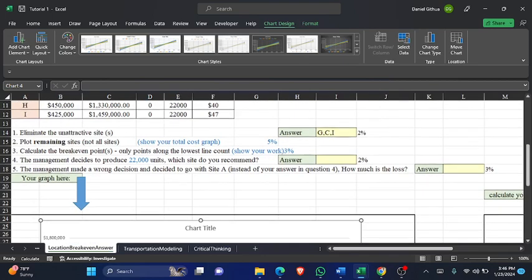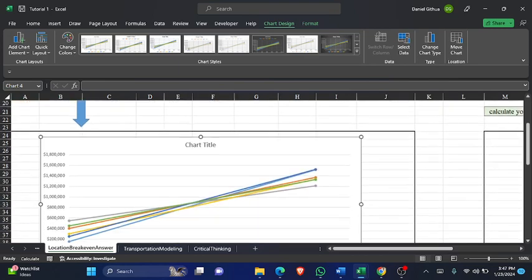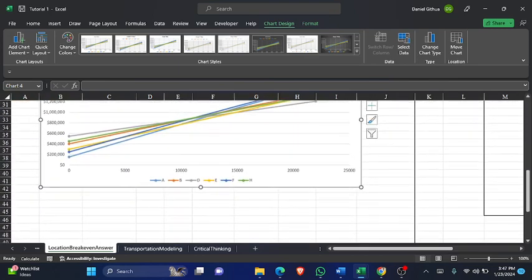Now the next question says calculate the break-even points. The break-even point is where they are the same, and it gives you only points along the lowest line. So we look at the lowest line.